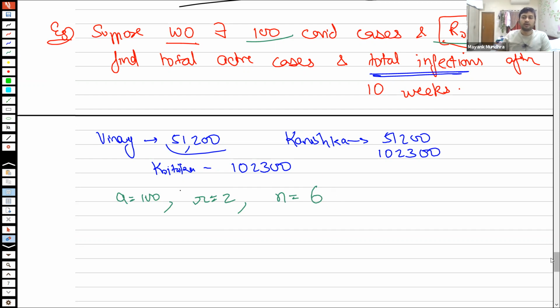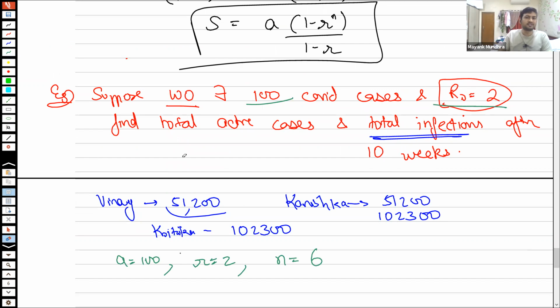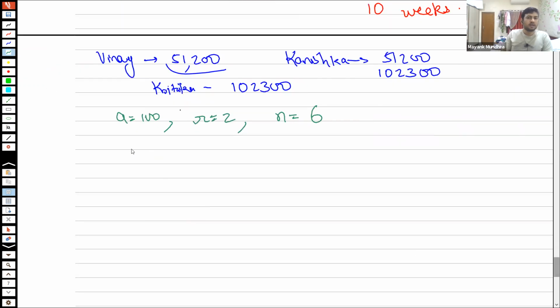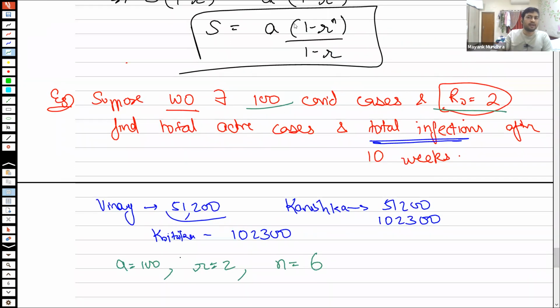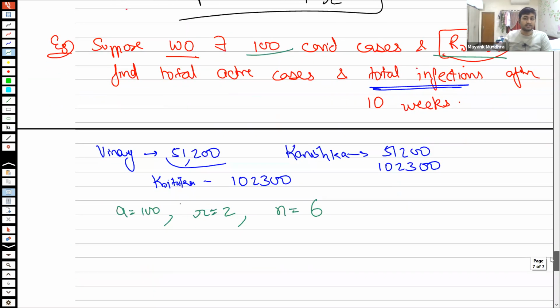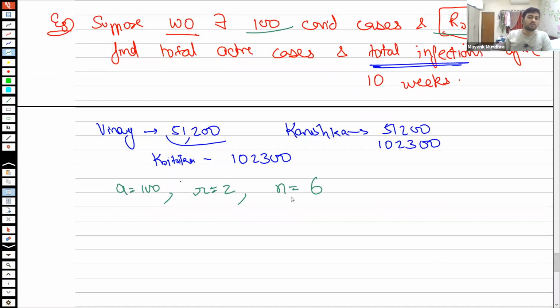Because if I take week 0 as N equals 1, right? The problem is if you are applying this formula, everything should be bang on. You cannot mess up the N. You change the N, you'll get a different answer altogether. So N has to be bang on. You cannot do 5 or 7 or something like that.